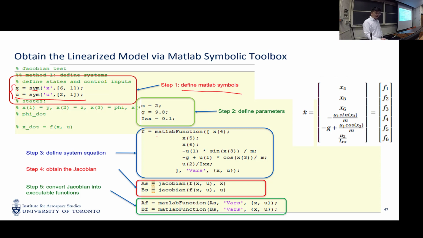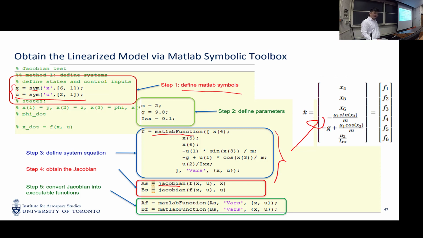The key here is that you declare a MATLAB function by using the symbols in this format. This basically corresponds to the equations of motion, as you can see here. Then the third step is to call the Jacobian function in MATLAB. It will automatically calculate the Jacobian for you.